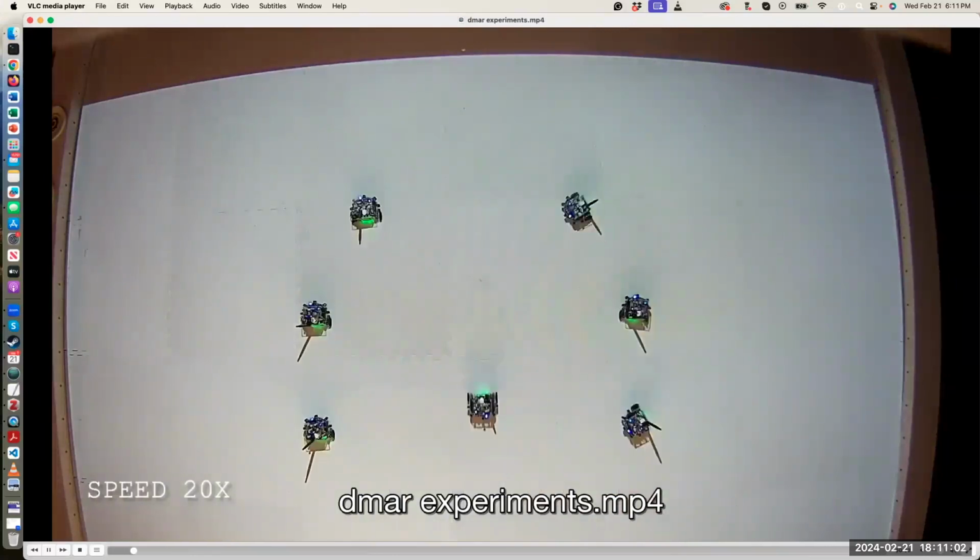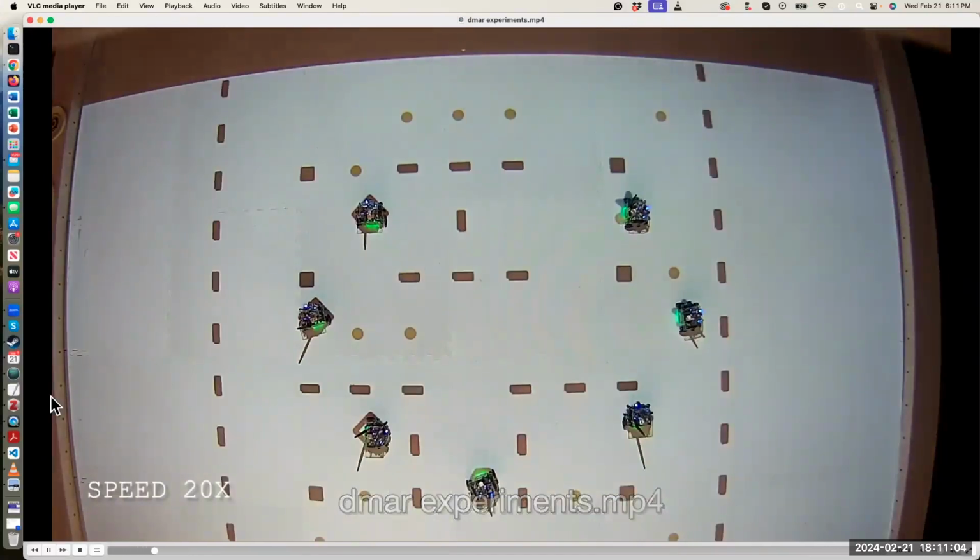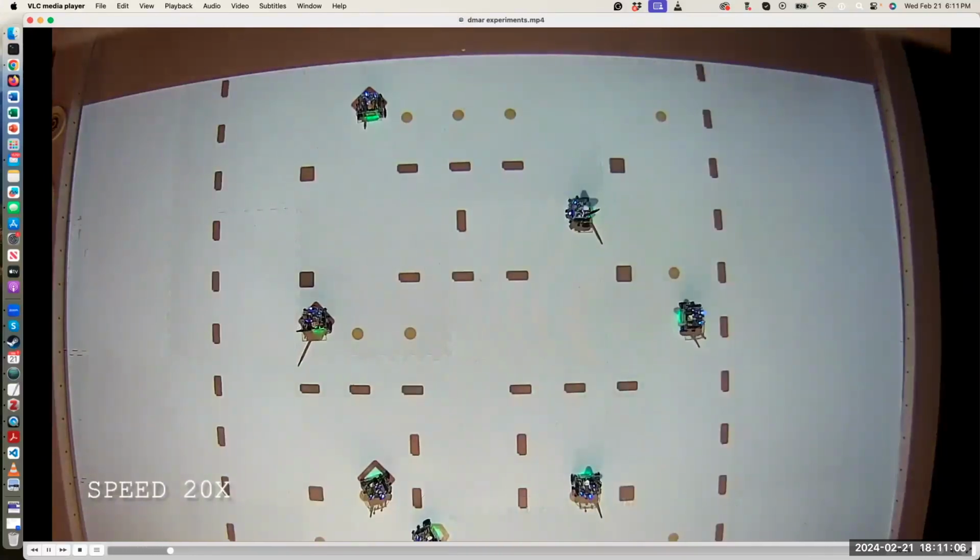Okay, so I have this sped up 20 times because they're a little bit slow, but let me pause it. So these little rectangles or quadrilaterals represent obstacles. The little circles represent tasks, and the robots are obviously the agents. And when they form clusters, you'll see these shapes that are overlaid on the agents.